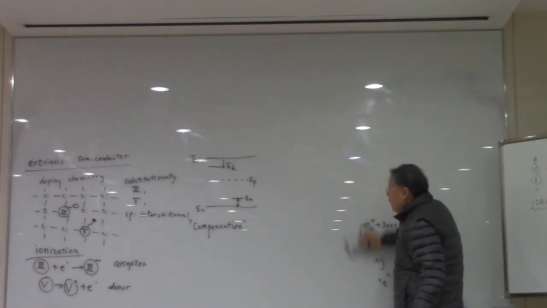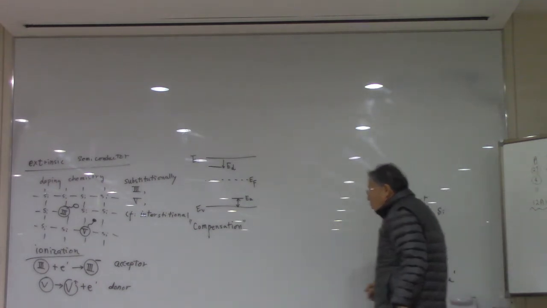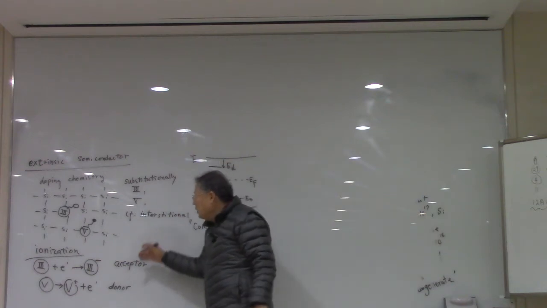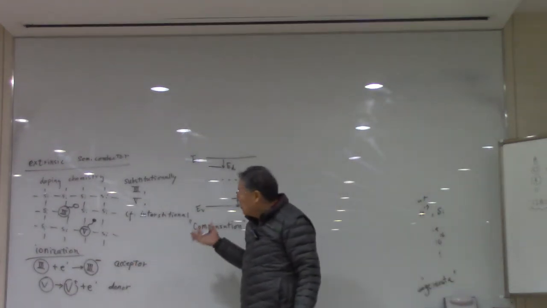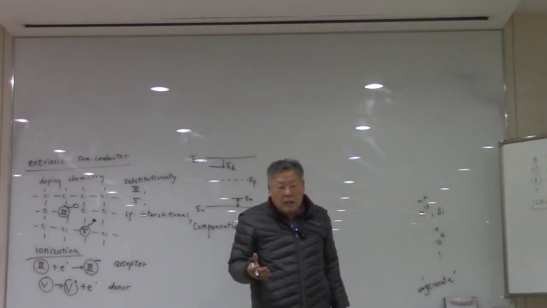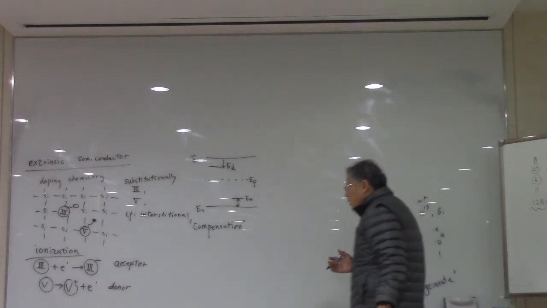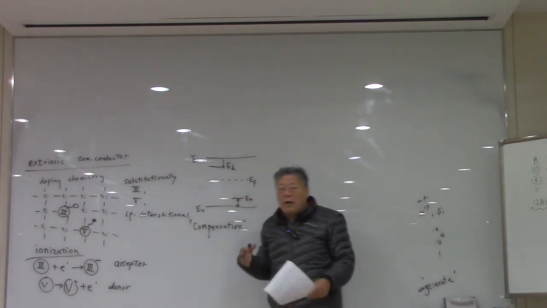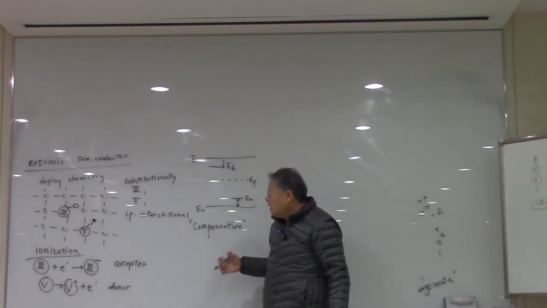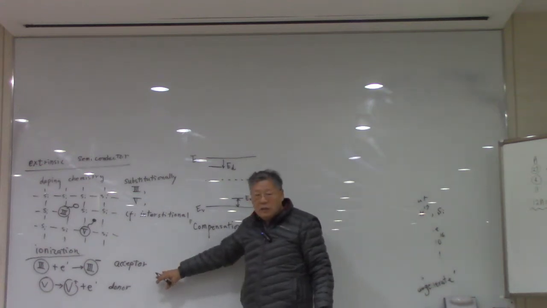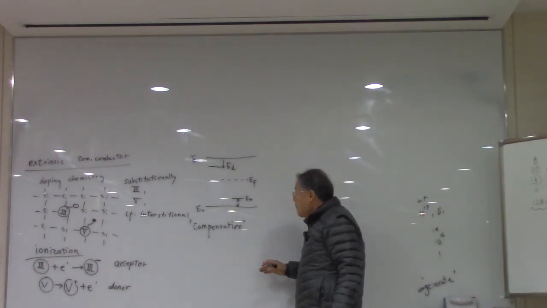Then if your semiconductor is doped with dopant donors or acceptors, and your semiconductor has enough energy from the outside, then this donor and acceptor are going to be ionized. If the external energy is not enough for this ionization, then it is not going to be ionized, of course, okay?